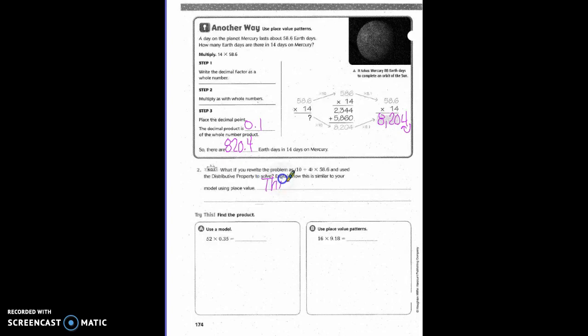This is basically like partial products and then adding them together.